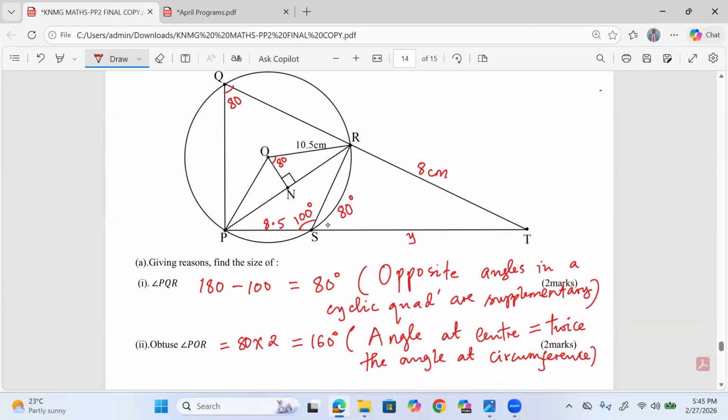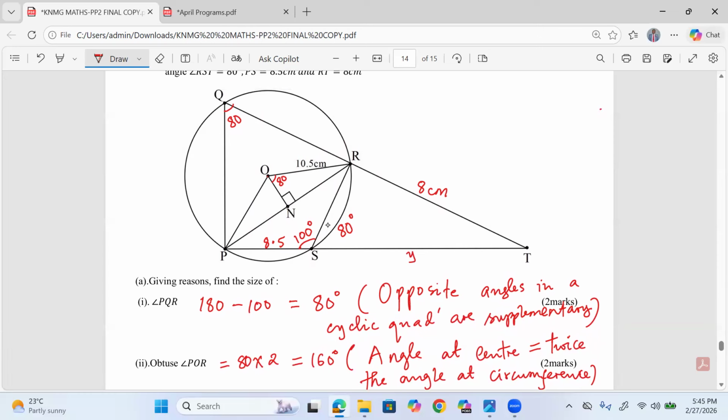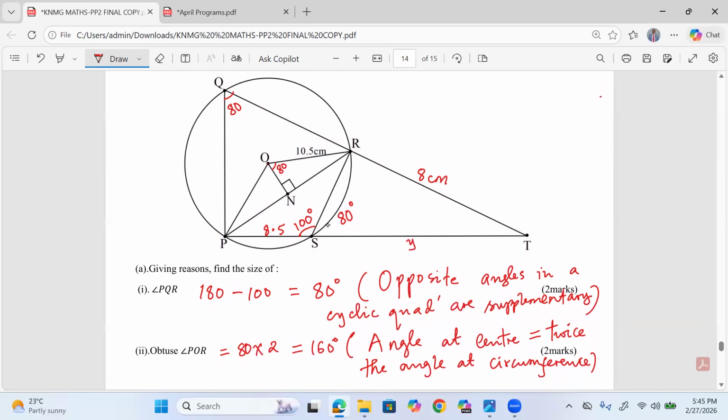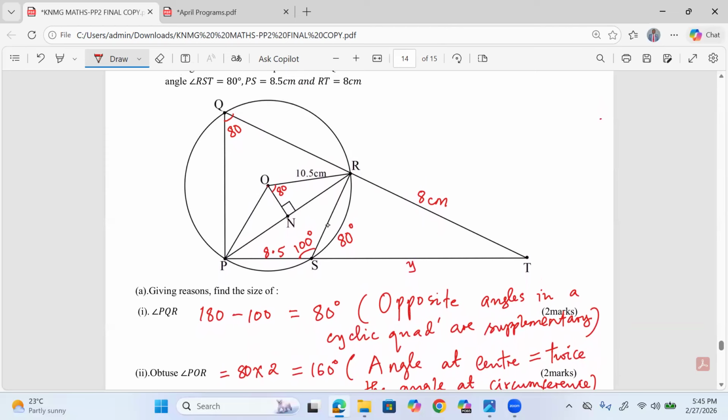This length is not known, but there are some angles that we know in this case, and we can use the known angles and the known lengths so far to find the missing lengths.